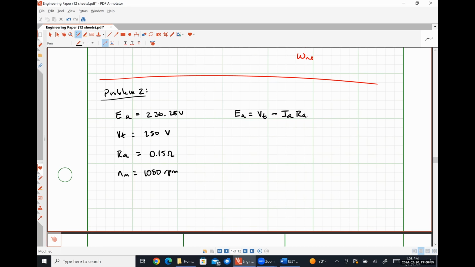I did, okay. So that means that IA should be VT minus EA over RA, just by doing simple manipulation, right? So that's easy enough.